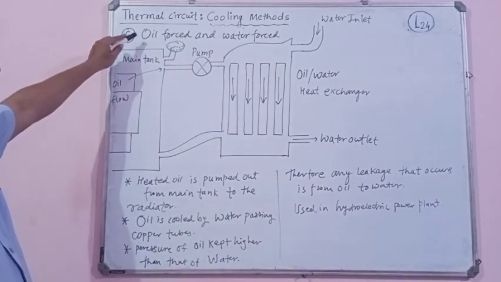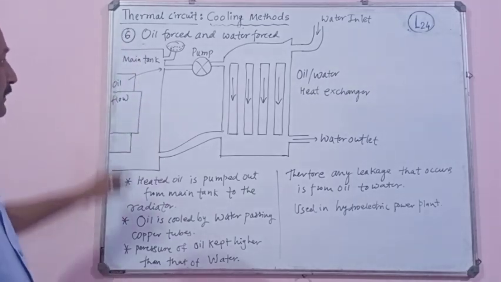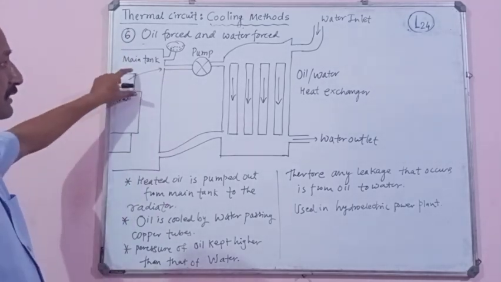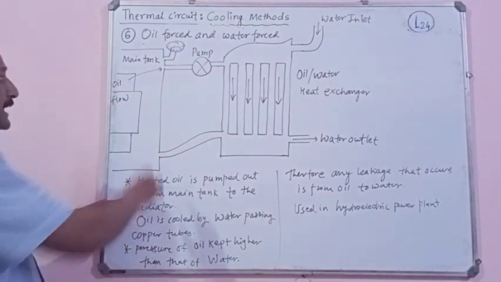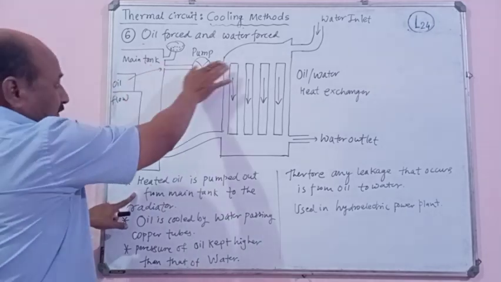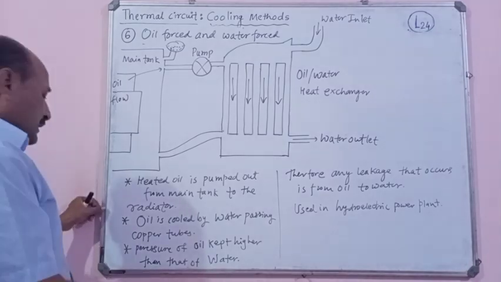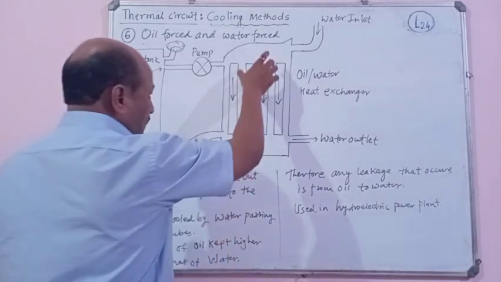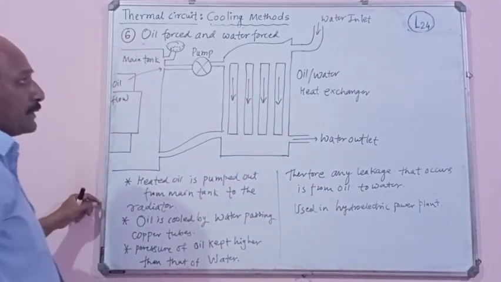In the oil forced water forced cooling method, the heat is generated in the main tank, and that heated oil is pumped out from the main tank toward the radiator. In this chamber the oil is cooled by passing water.